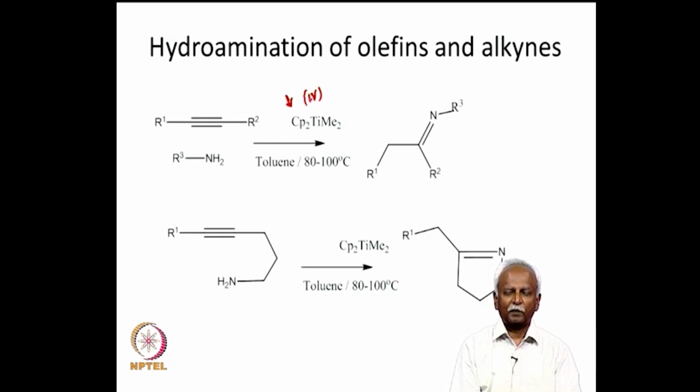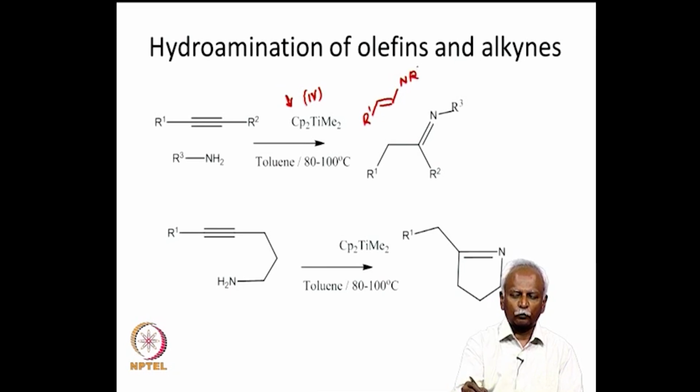So, we will take a look at the mechanism, but to just convince you that this is only an addition of an amine, let me just write out the equivalent of this molecule.